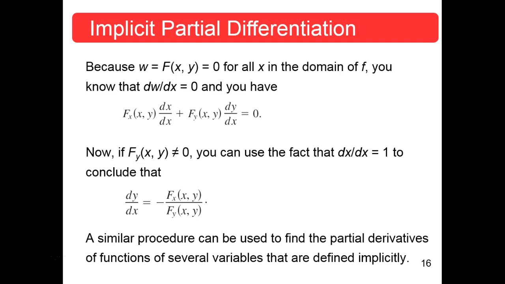Now, a similar procedure can be used to find the partial derivatives of functions of several variables that are defined implicitly. That's a big sentence at the end, leaving us sort of hanging because I don't think we have room to follow it up. But this is just another way of finding dy dx. It seems like it would have been just easy to take dy dx.